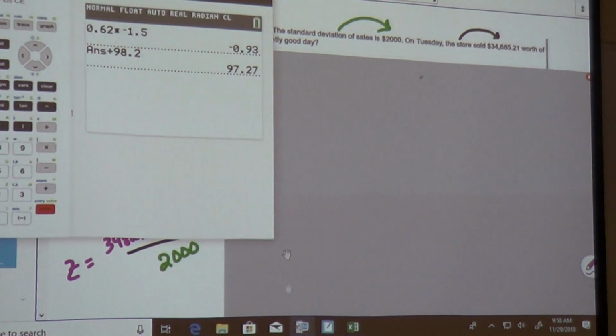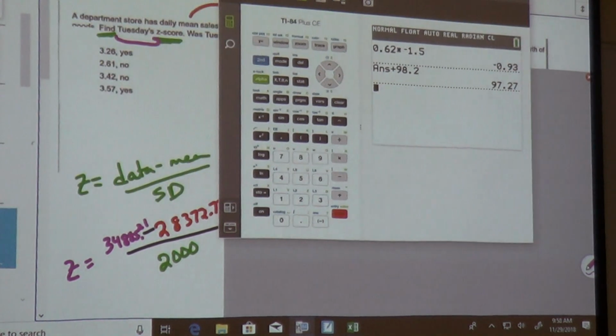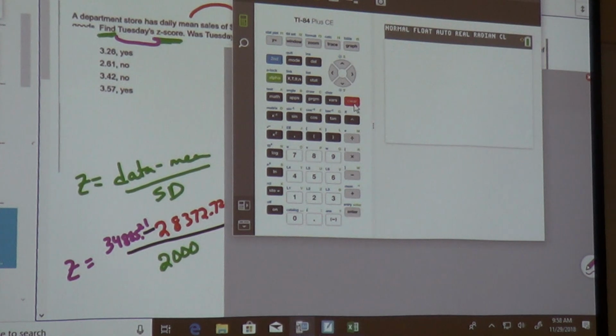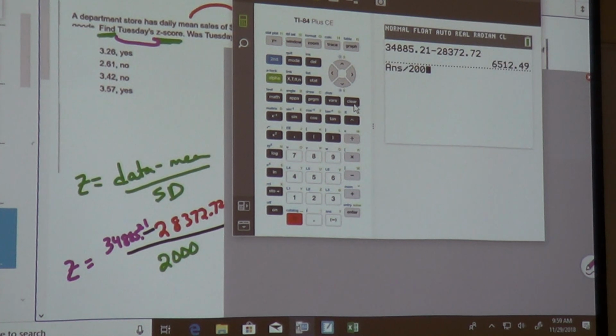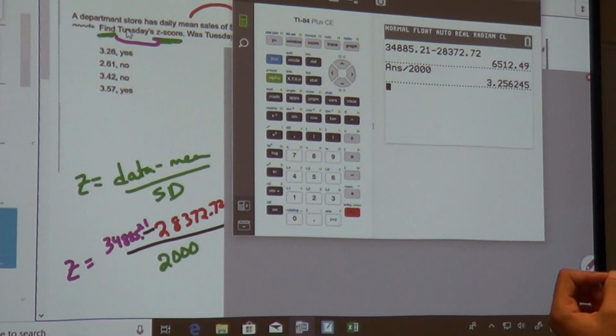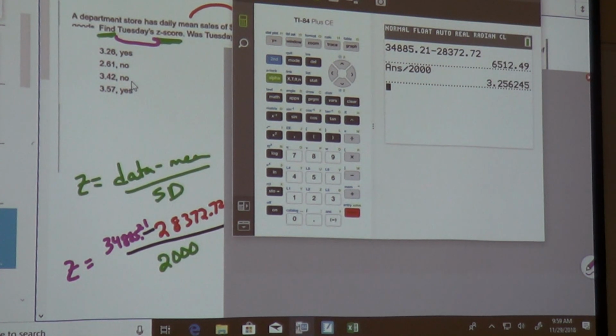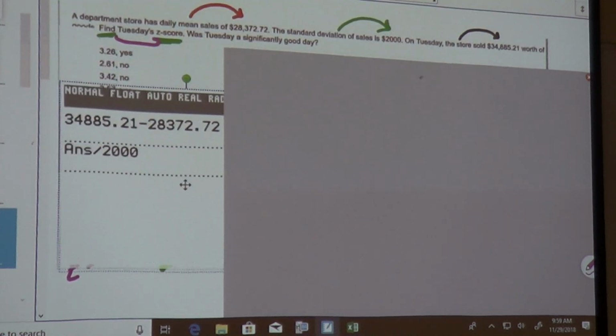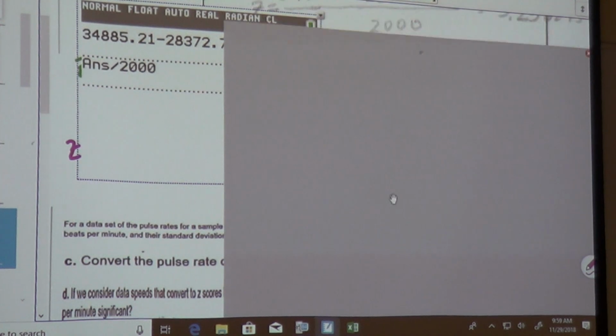So we will do 34,885.21 minus 28,372.72 divided by 2,000. Now, look at our answer choices. 3.26. There's only one answer, the first one, but we need to know why the answer is yes.